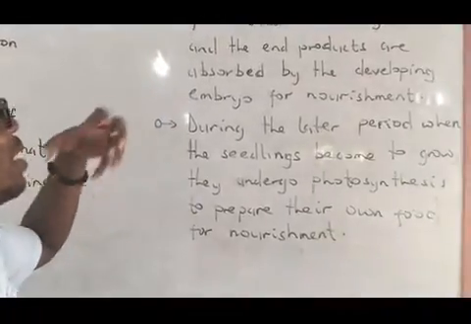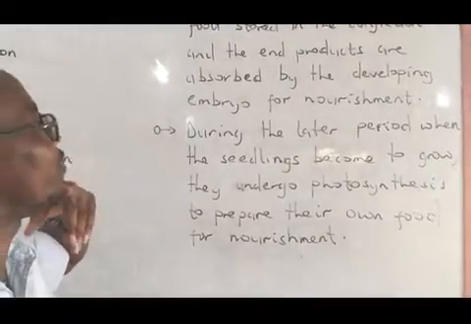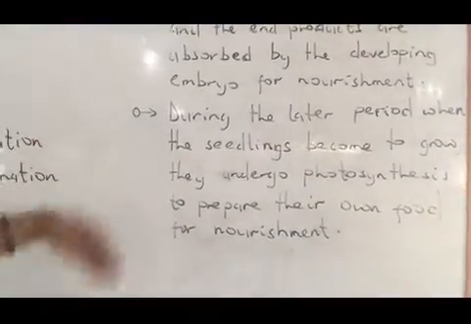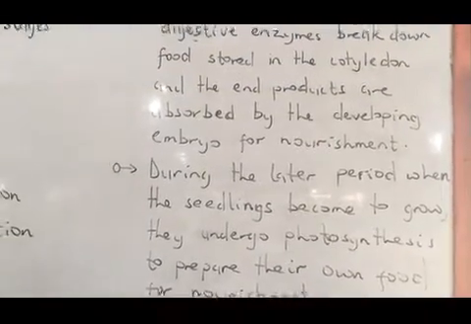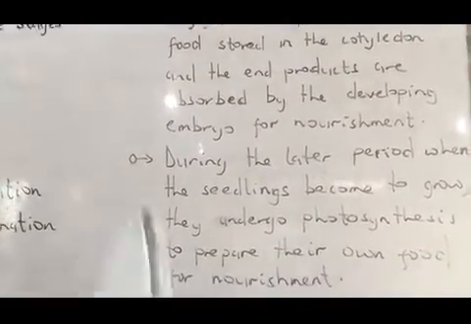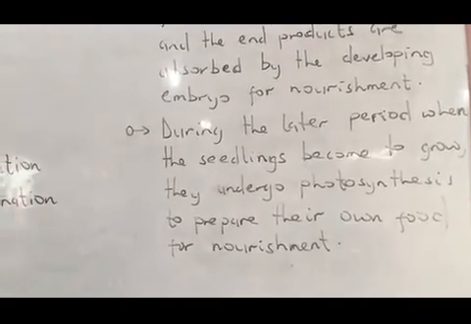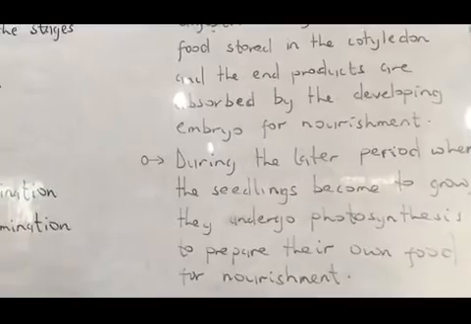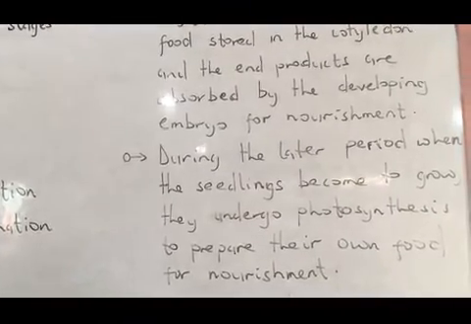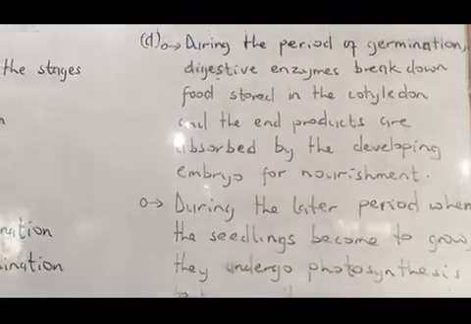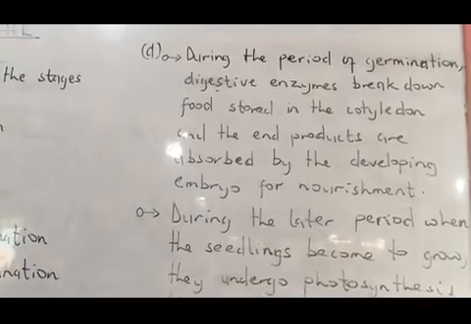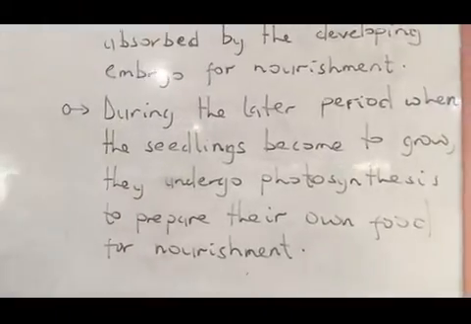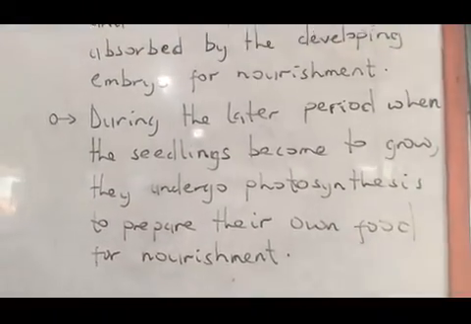We have digestive enzymes which break down the food stored in the cotyledon, and then the end products of digestion are absorbed for nourishment by the embryo. Now, when germination occurs and seedlings begin to grow, they have leaves, so they are able to trap sunlight, and then they combine water and carbon dioxide to produce their own food in the process of photosynthesis. So that is how the seedlings obtain nourishment during the process.